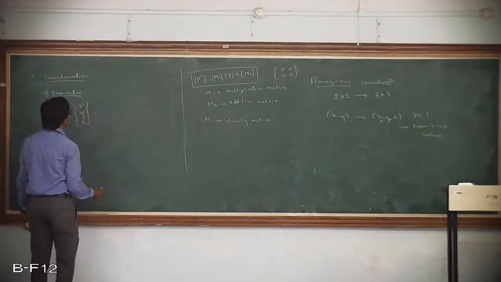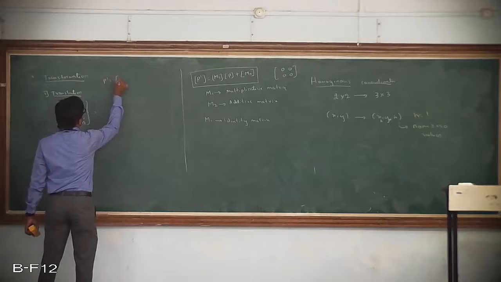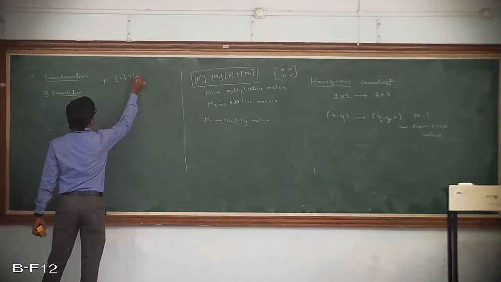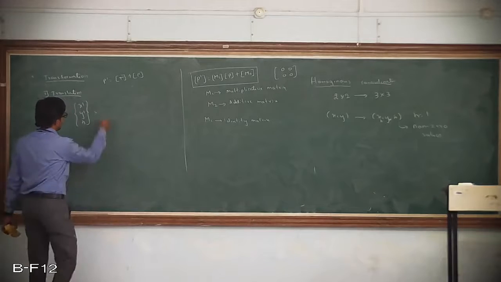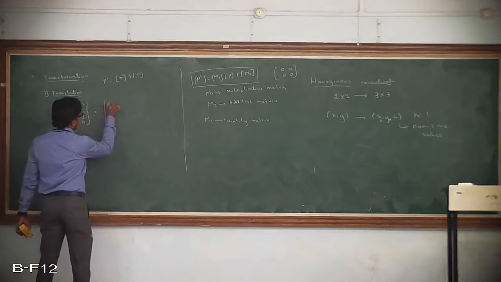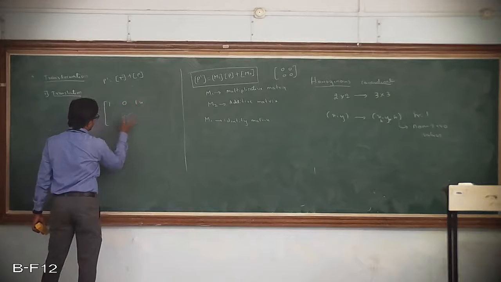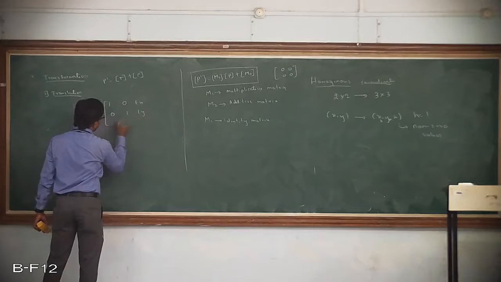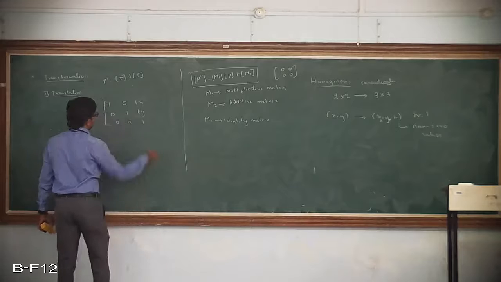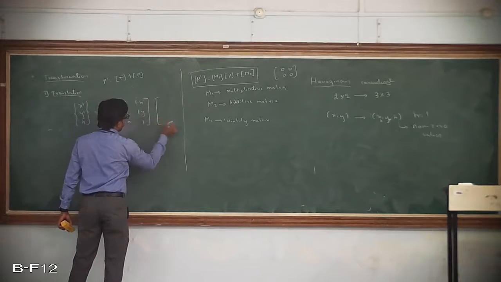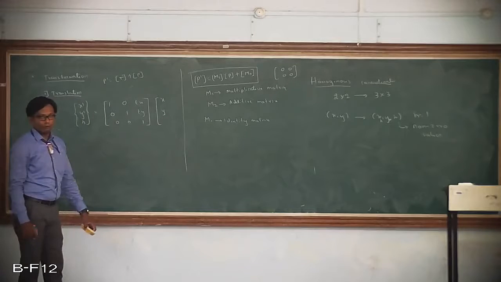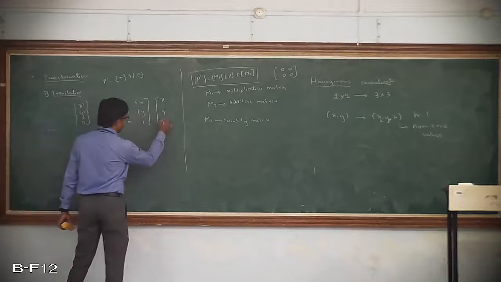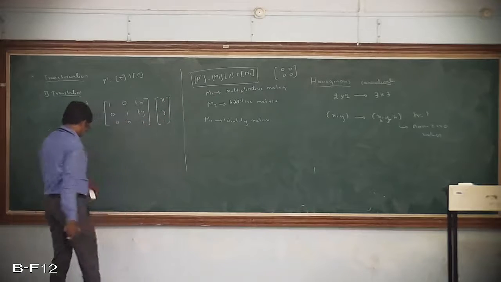For translation, we had p dash equal to t plus p. We'll regain the same format here. So I write the matrix like this: 1, 0, tx, 0, 1, ty, 0, 0, 1, and I write x, y, and what we call the homogeneous coordinate. For easiness of solutions, we will be using it as 1.